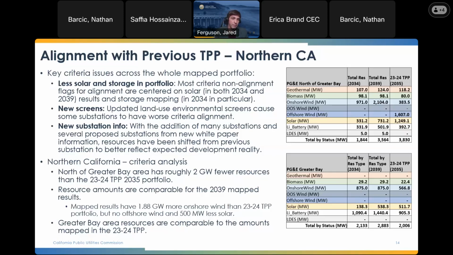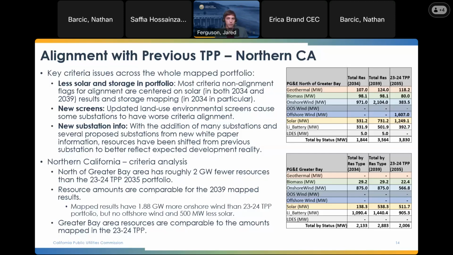So in some cases where we might have had resources mapped to the Midway substation, we can now better align them with the commercial interest and where they would more likely get developed, at a new substation being built on the Midway to Wheeler Ridge line. That still has similar transmission implications. It's just in the accounting and criteria analysis that you do see flags pop up because of that.